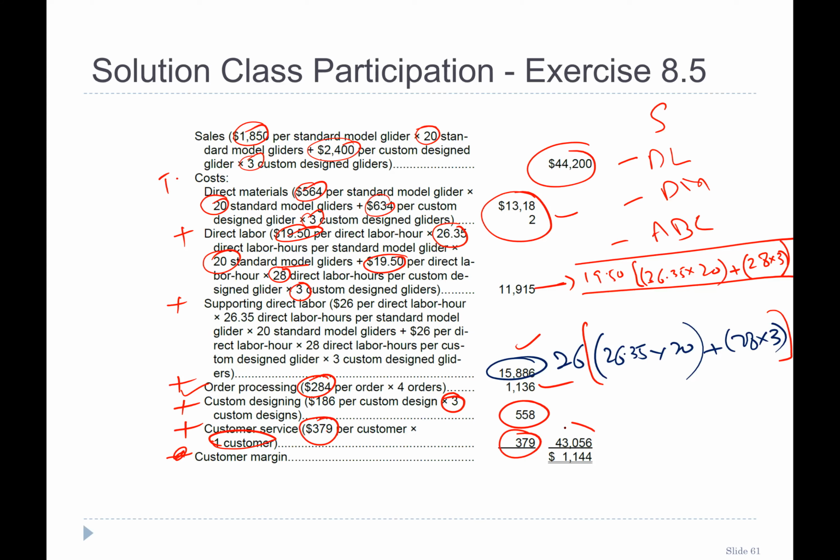Answer would be $43,056. So customer margin would be 1,144. If your answer is 1,144, you are in good shape. So make sure, compare your answer and try to find out where you made a mistake.